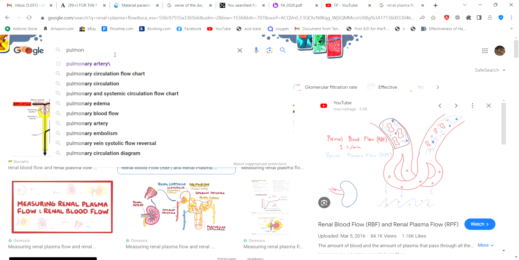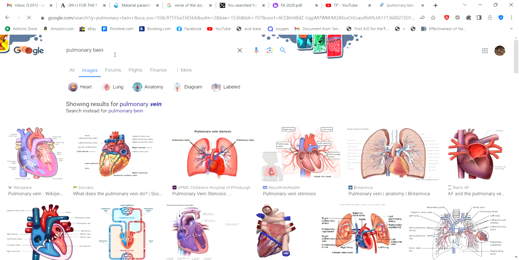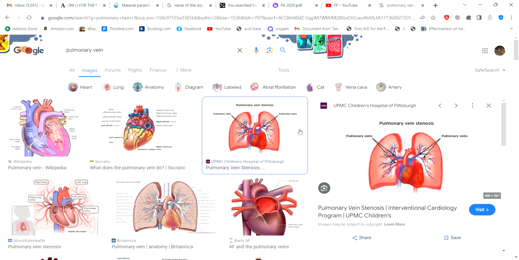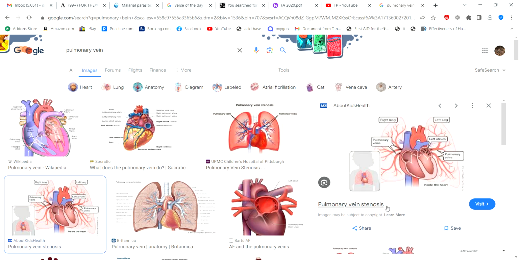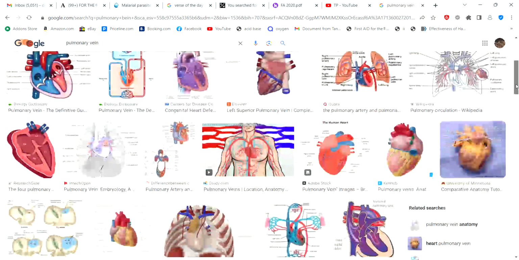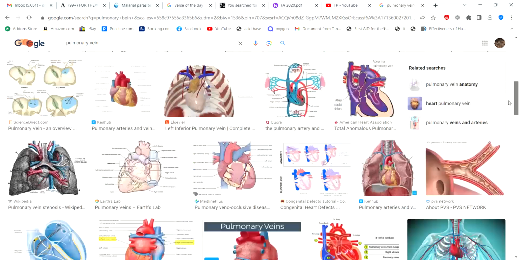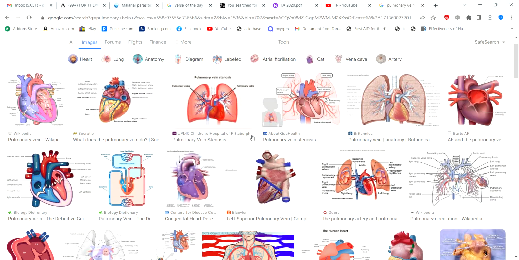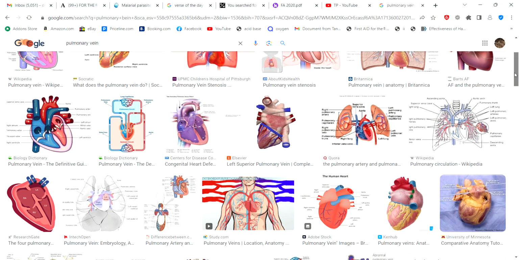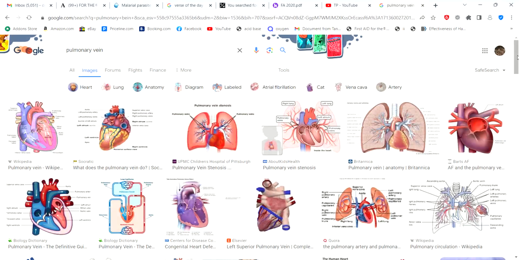Angiotensin 2 is higher in the pulmonary vein than the pulmonary artery.